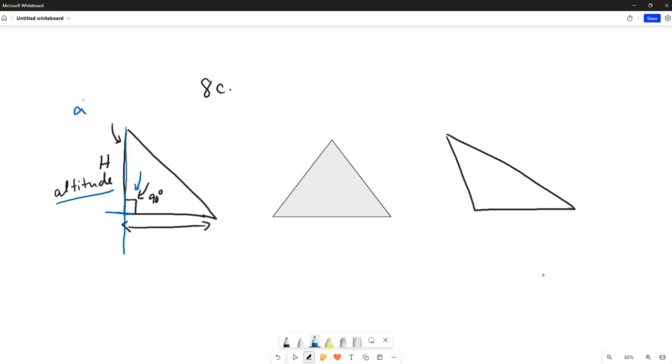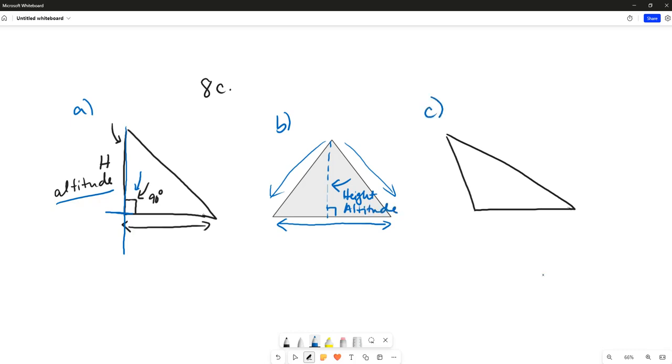So that's A. Now B, this is not perpendicular and this is not perpendicular. So we're drawing a perpendicular line to the base, and this is our base, and this is going to be our height or altitude.